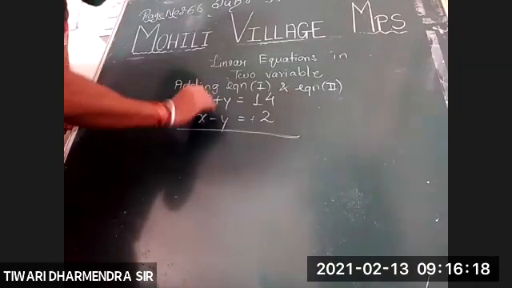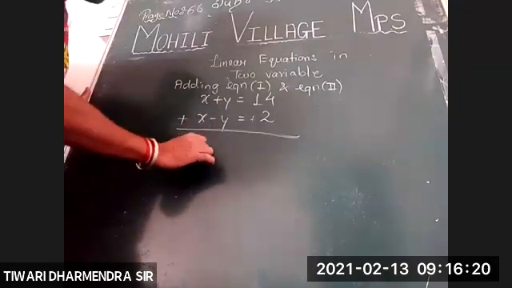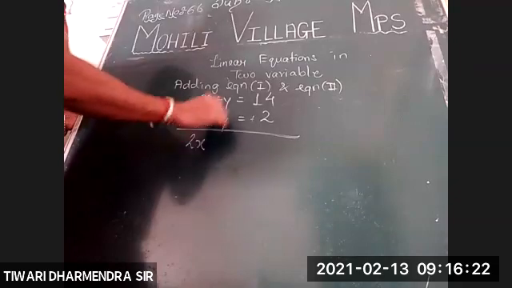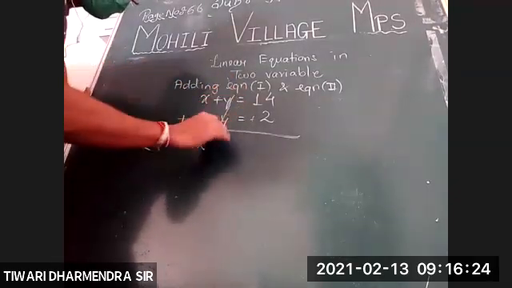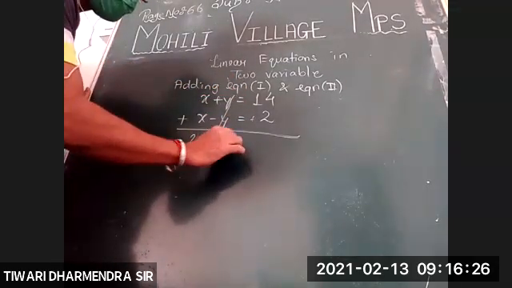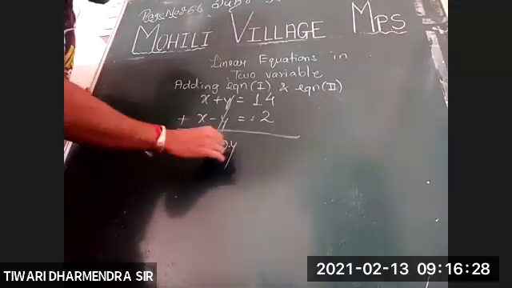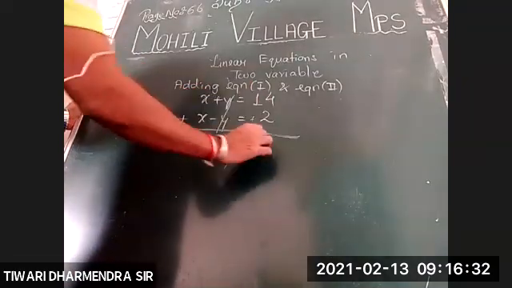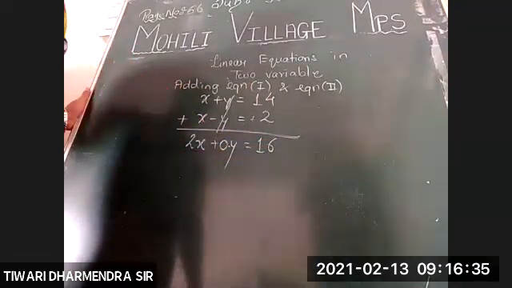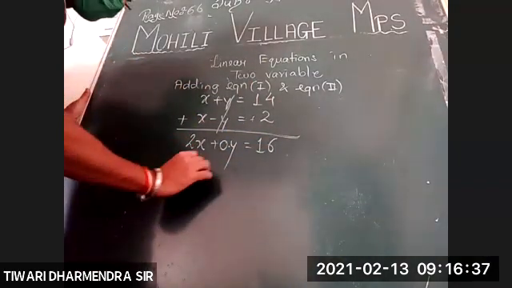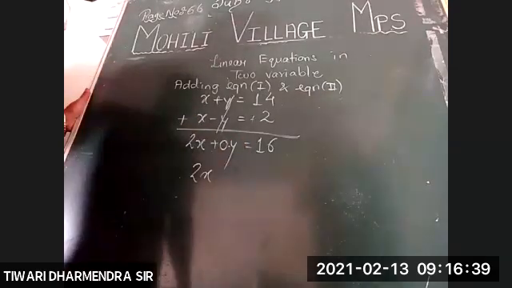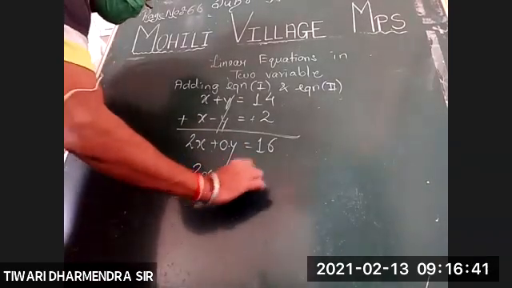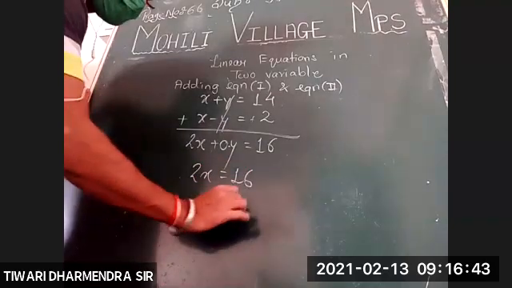So x plus x is 2x, plus y minus y gets cancelled, so you can write here as plus 0y. Anything multiplied to 0 is 0, is equal to 14 plus 2 is 16. And from here, 2x plus 0 is 2x is equal to 16. So value of x is equal to 8.